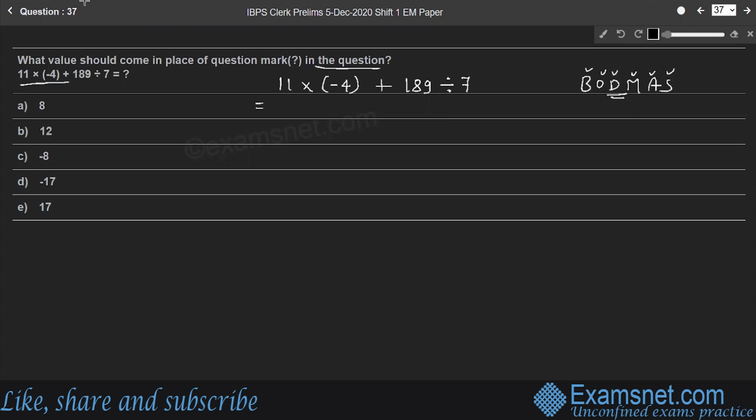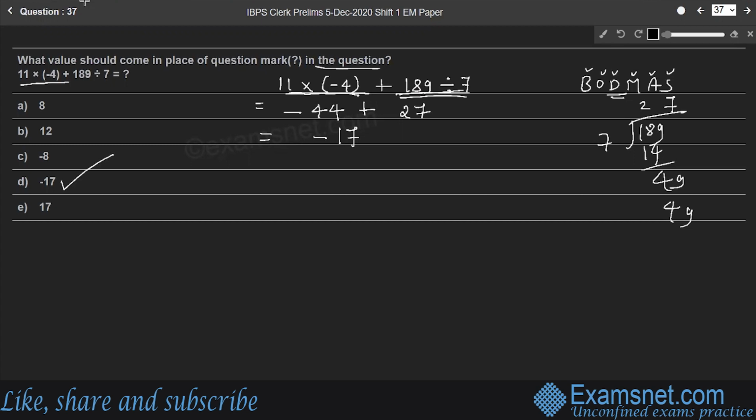So in order to remove the bracket here, we have to multiply. Simultaneously, we can take two operations here. So minus 44 plus 189 divided by 7 is 27, right? Therefore, minus 44 plus 27 is equal to minus 17. Therefore, the value is minus 17, option D.